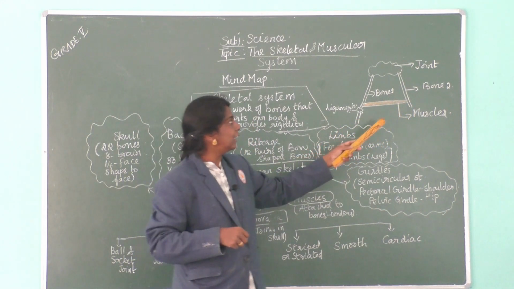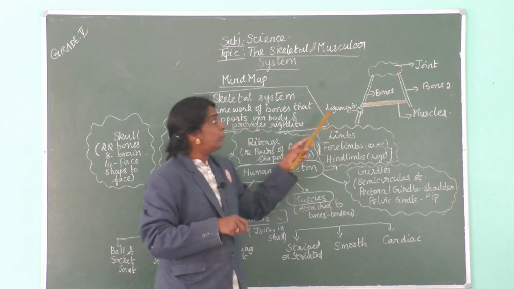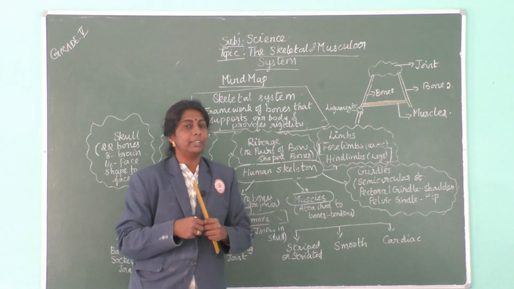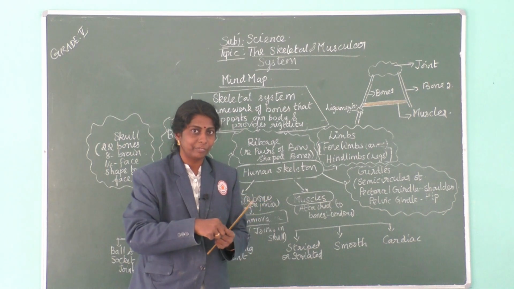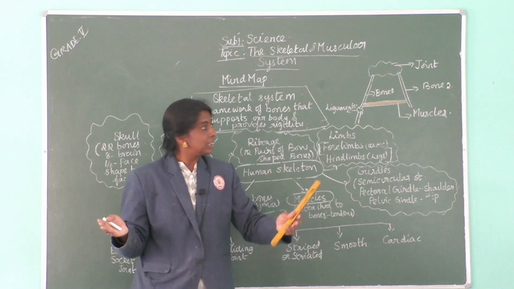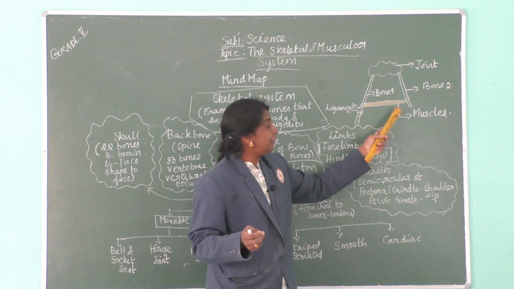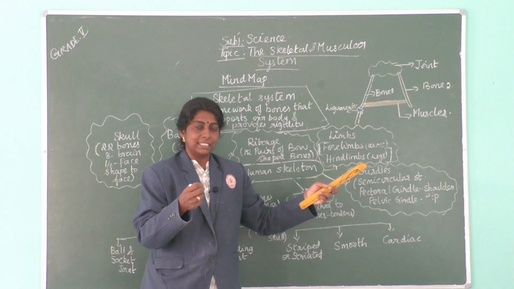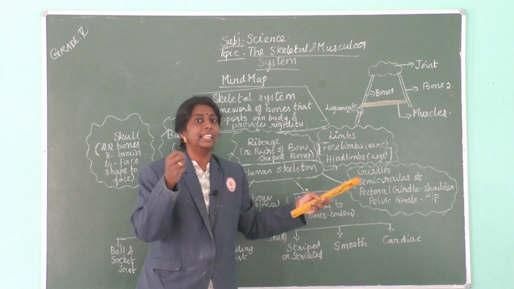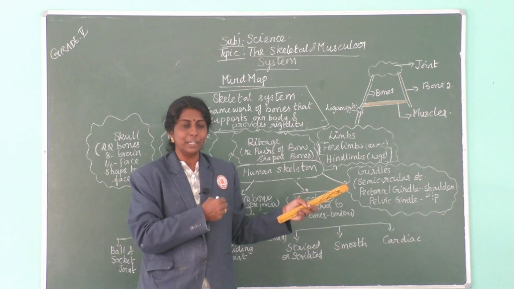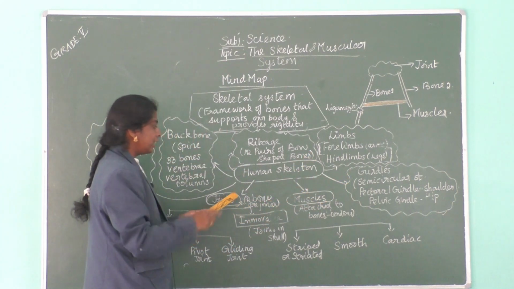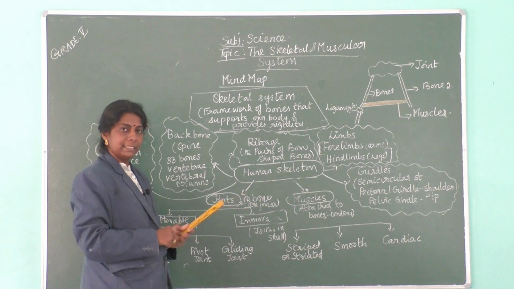I'll tell you in detail. So, an overlook: two bones are joined together by joints, and in between, the connecting thing is muscles, which are connected by tendon tissues. Clear?